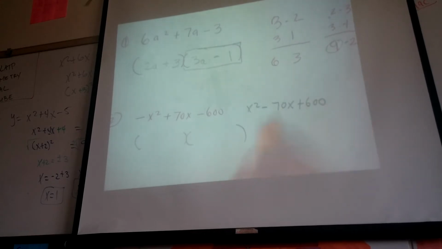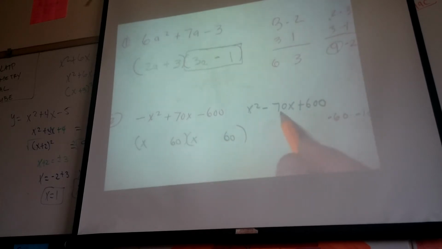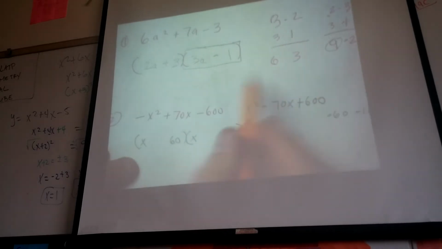And then I'm going to say this is going to be x and x, and this is going to be 60 and 10. Because 60 times 10 gives me 600, and negative 60 and negative 10 give me negative 70. Excuse me, this is the 10 here. And they're both negative.